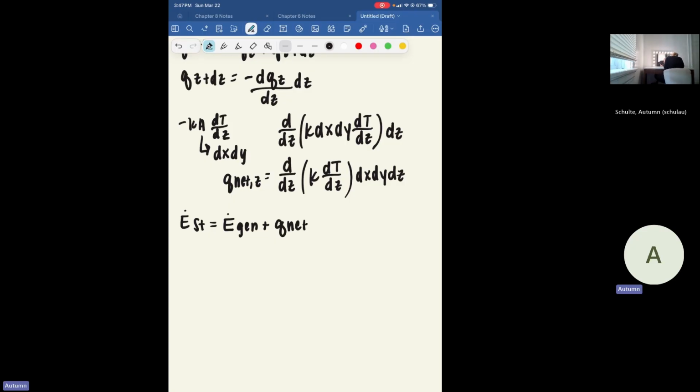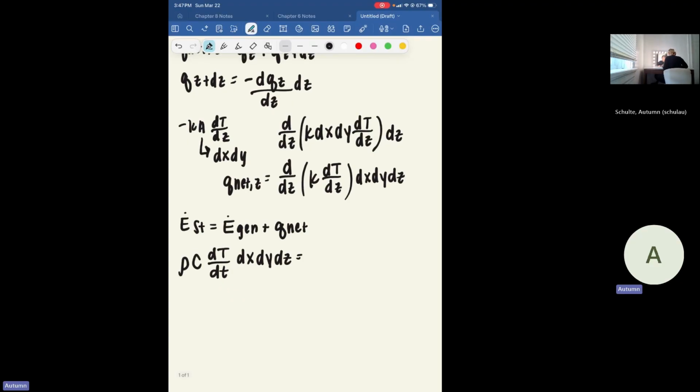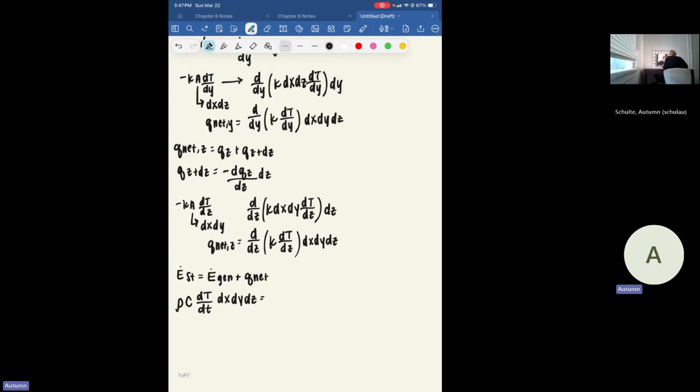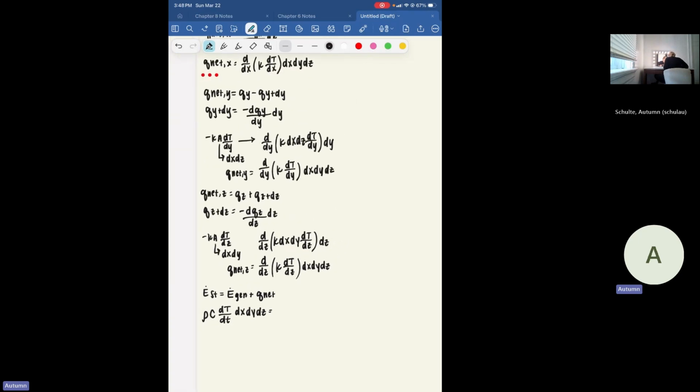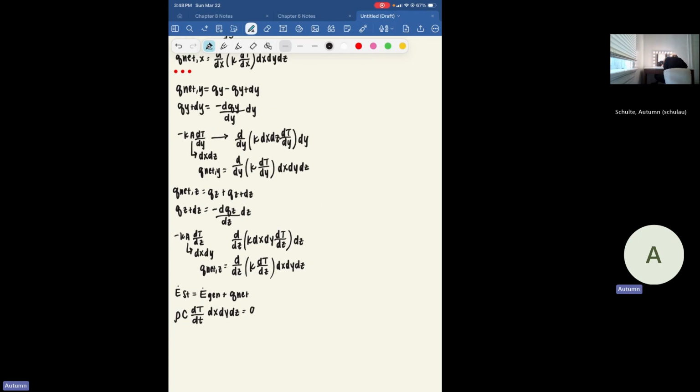So our rate of change of energy storage was our density times our heat capacity times our change in temperature with respect to time multiplied by our volume dx dy dz, and it is equal to all of our net heat flows, starting off with x. It was the derivative with respect to x multiplied by the thermal conductivity and the change in temperature with respect to x multiplied by dx, dy, and dz.